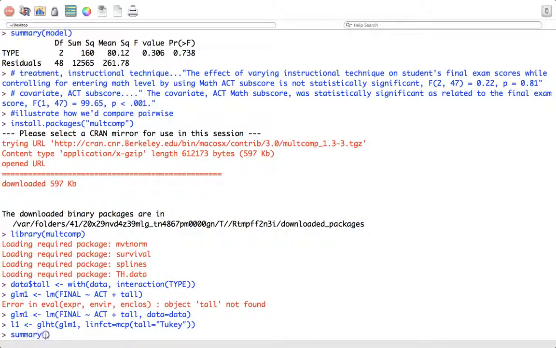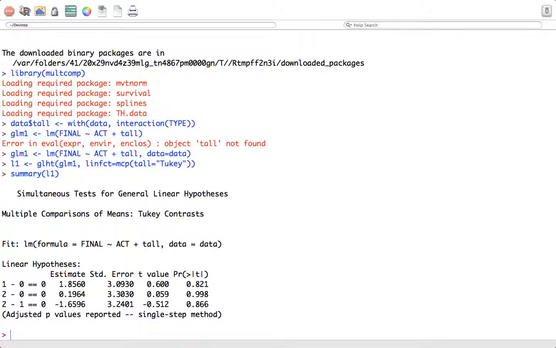Now I want to run a summary of L1. And I can see that I get my multiple comparisons. Now none of these turn out to be statistically significant. We look at these p-values over here, and nothing is even close to 0.05. But it gives us standard errors, it gives us test statistics, and it gives us of course our point estimate. But again, there's no statistical significance as we would expect.